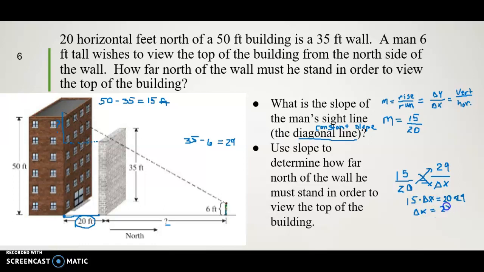So 20 times 29 divided by 15. And I get the change in x is equal to, I'm really struggling with my pen, so sorry about that. Change in x is equal to 38.67.